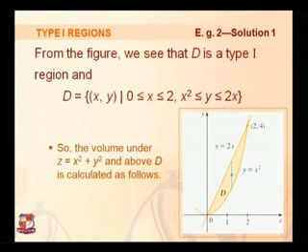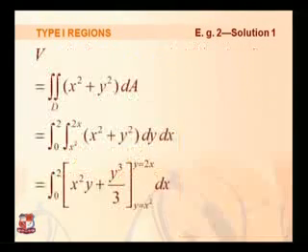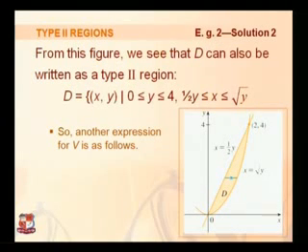So in this slide we can see that if we fix the limit of y, then 0 is less than or equal to y less than or equal to 4, and if we express x in terms of y, then y by 2 is less than or equal to x less than or equal to root y.